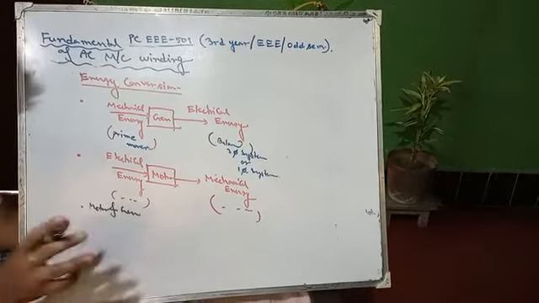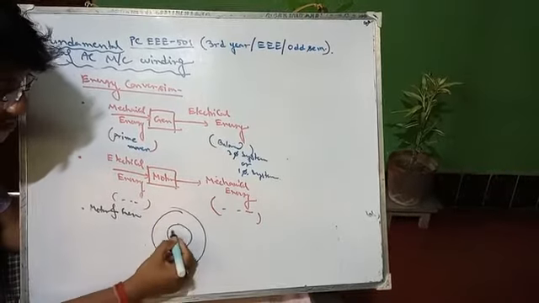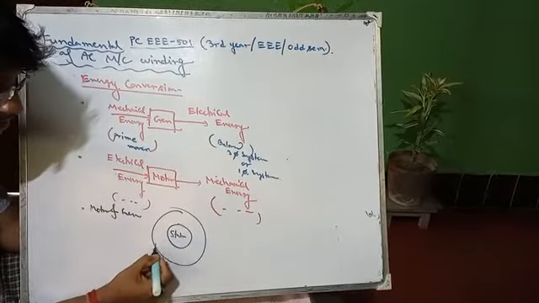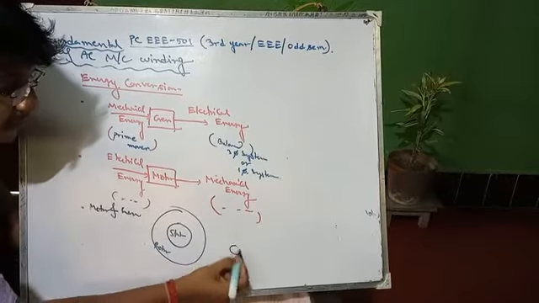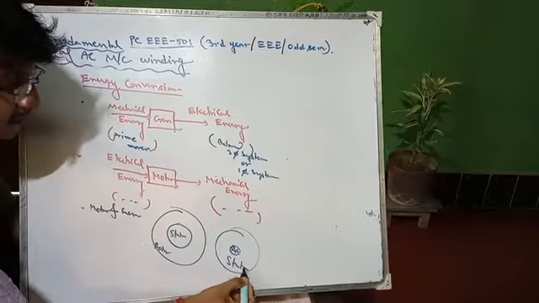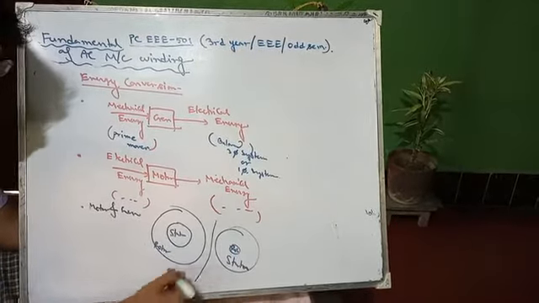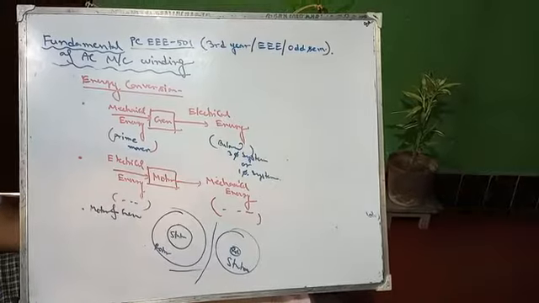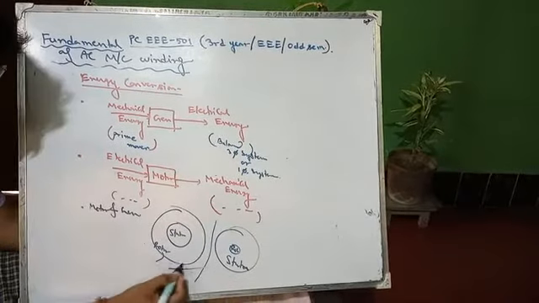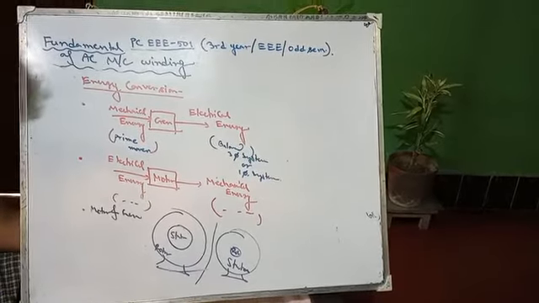That is, it has a stator and a rotor. So there is a stator and rotor, there is a rotor and stator. These concepts are the same. From the operating principle they are different, but in construction features, they are the same.